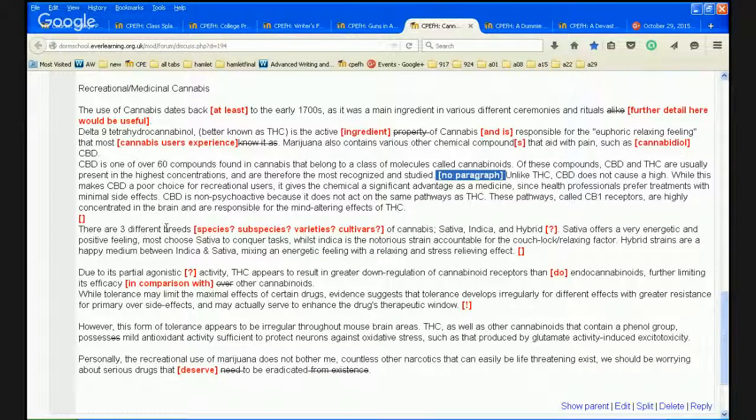Okay, 3 different breeds. You talk about breeds of dog, but you usually don't talk about breeds of horticultural objects. So I suggested species, subspecies, varieties, cultivars. Do you know what the word taxonomy means? I've heard it many times, but I'm not too sure. It's the subdivisions of anything, subcategories of anything.